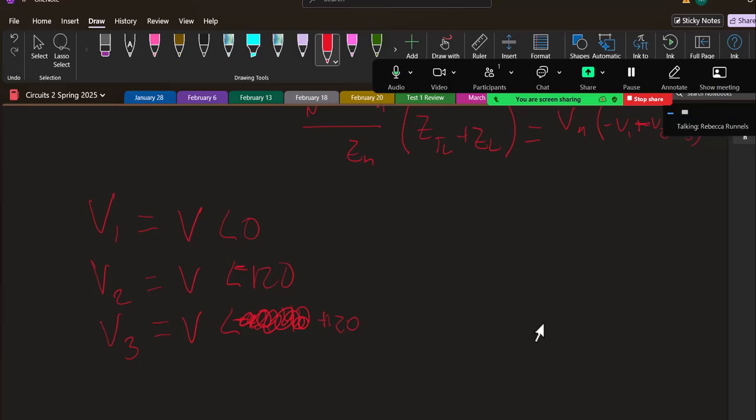How do you convert from polar to rectangular? Cosine and sine.